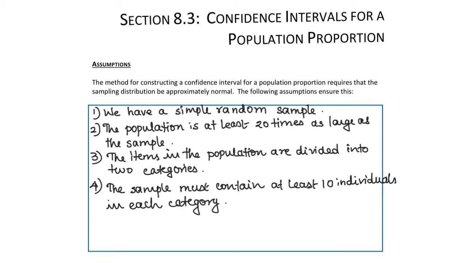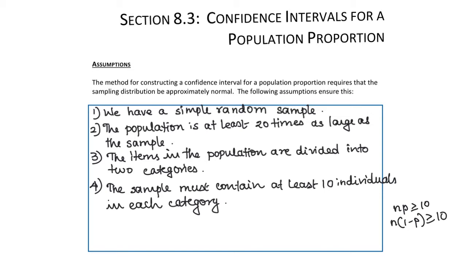The population must be much larger than the sample, that means at least 20 times as large, so that the sampled items are independent. The assumption that there are at least 10 items in each category is an approximate check on the assumption that both N times P and N times 1 minus P are at least 10, which assures that the sampling distribution of P hat is approximately normal.